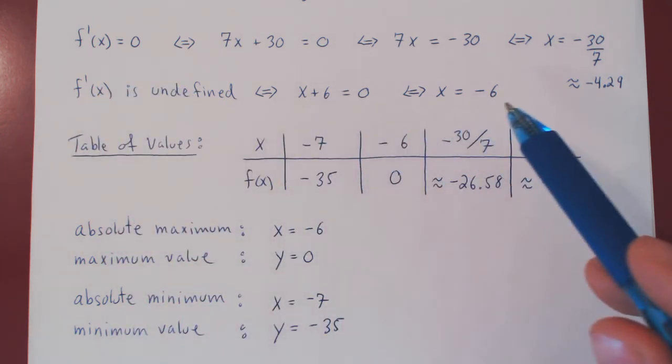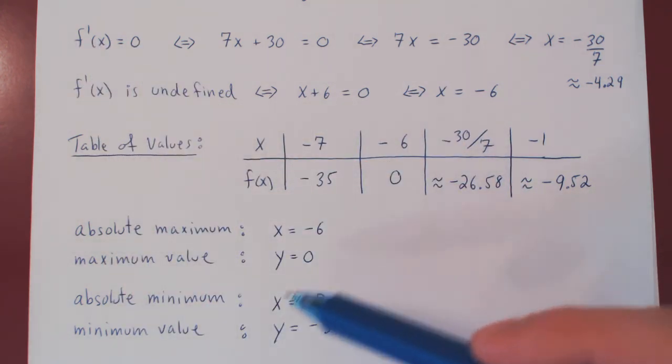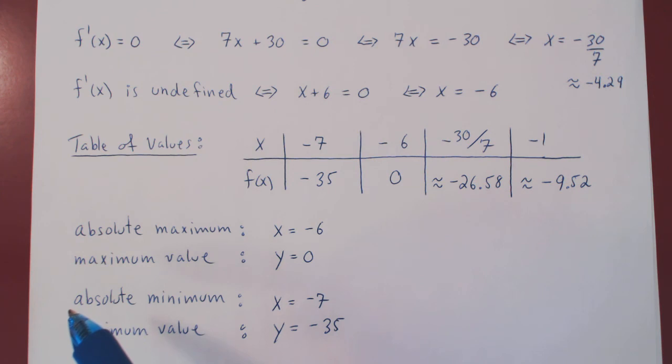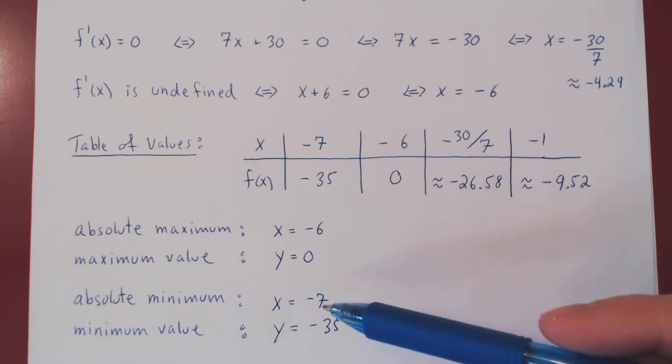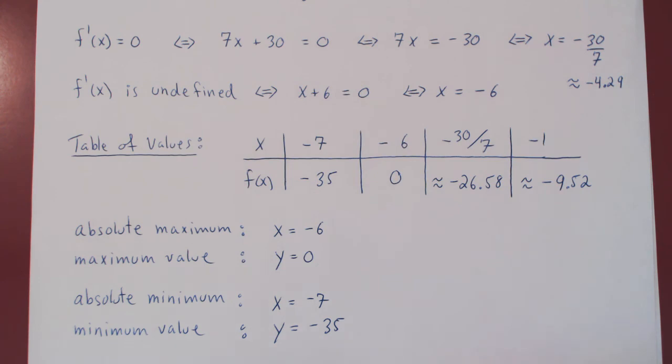So those are equally important as points where the derivative is 0. And we saw that the absolute minimum occurred at the left-hand point of our interval. So don't ever forget your endpoints and also the critical points where the derivative is undefined. And that's it.